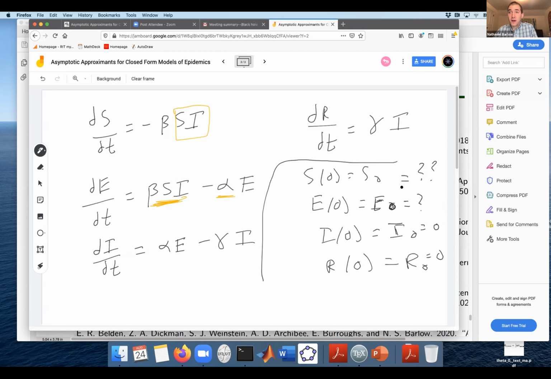And this is a hard thing to try to get. It almost ends up becoming a fitting parameter in a sense, because you don't know what this is until the thing's over. When you're saying someone's susceptible, yeah, the people in California are susceptible to disease just like they are in New York. But someone who's in New York City who's exposed or infected can't possibly affect somebody in California.